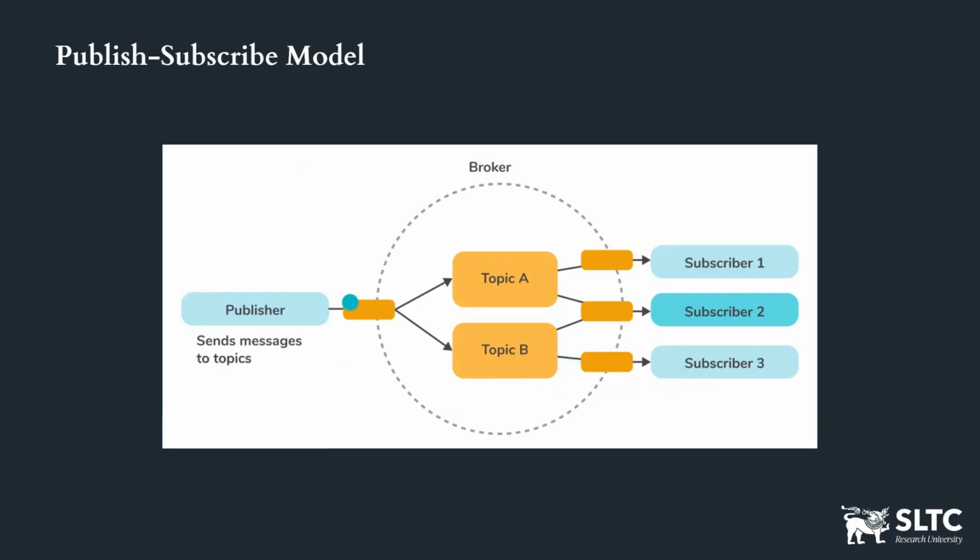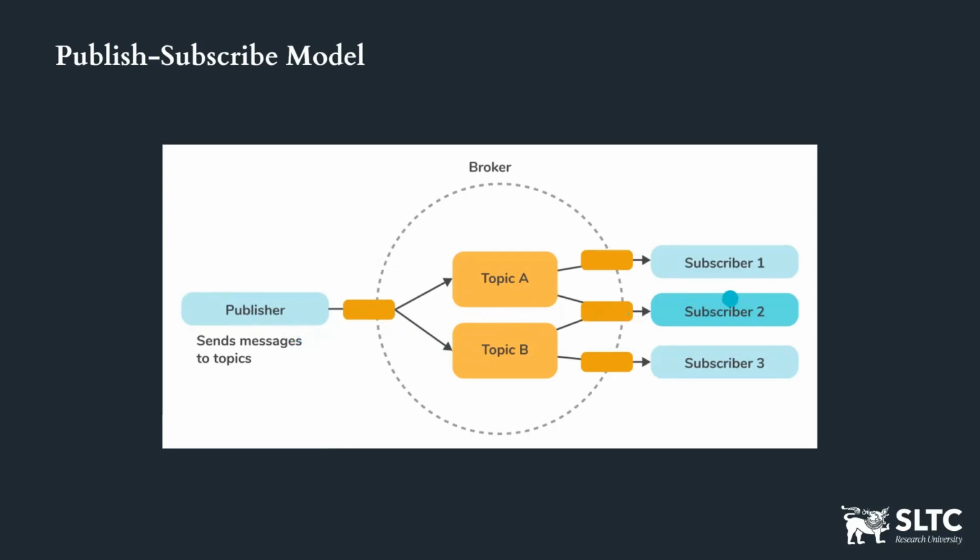So if this is a publisher, that publisher can publish to certain topics A and B, right? So it could be two different topics. The publisher can publish at those two different topics based on the data it collects.